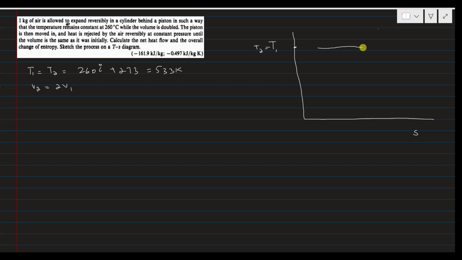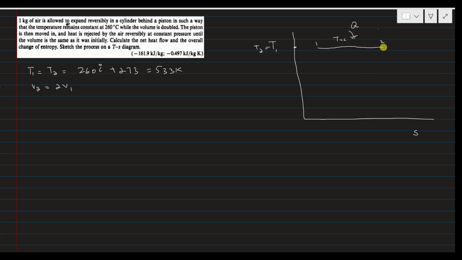The process continuously supplies the heat Q from process 1 to 2 at a constant temperature, such that its volume increases to double its initial. In this case the temperature is constant.